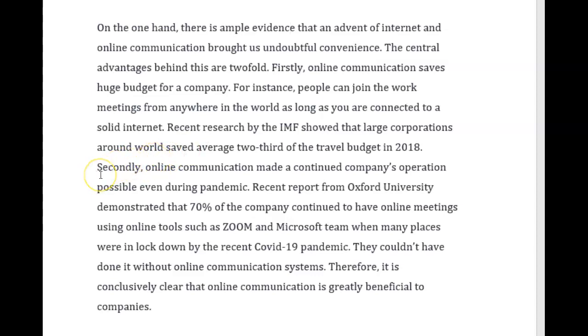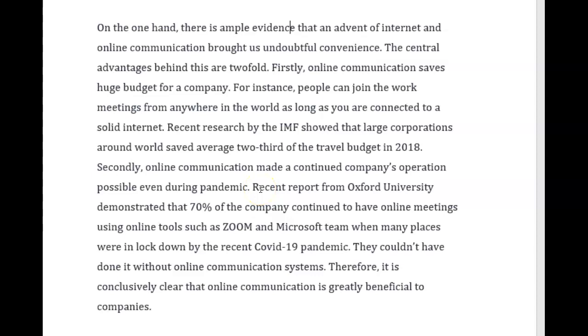"Secondly, online communication made a continued company's operation possible even during pandemic." Okay, grammar. "Secondly, online communication made continuous operation of companies possible even during the pandemic."